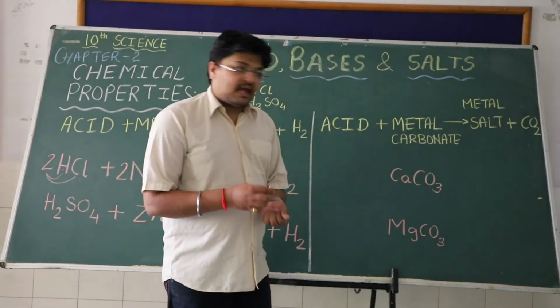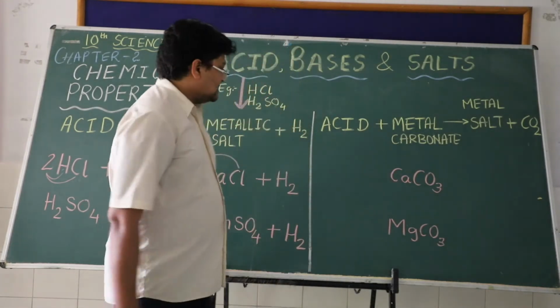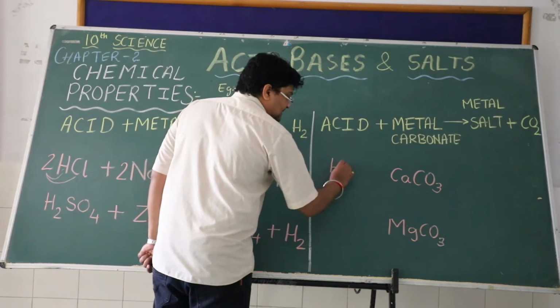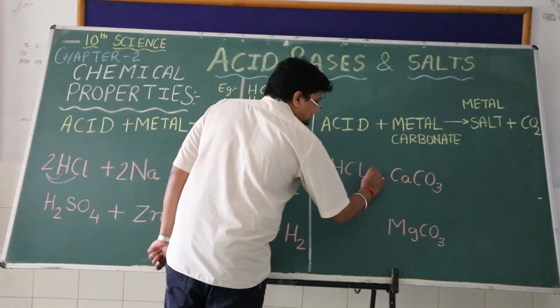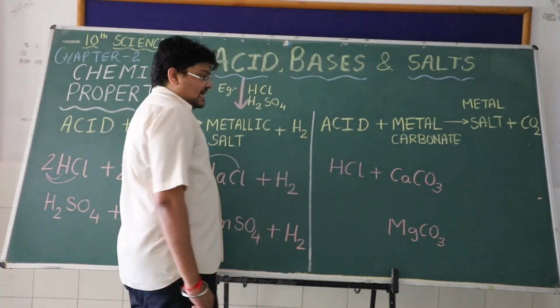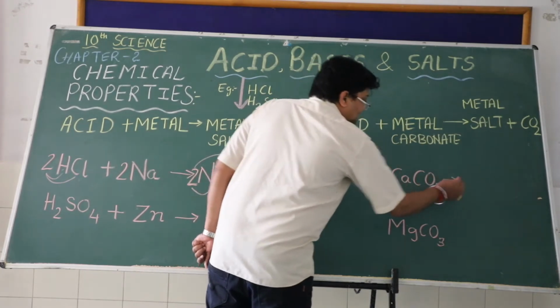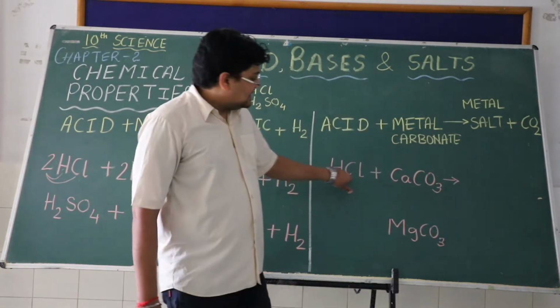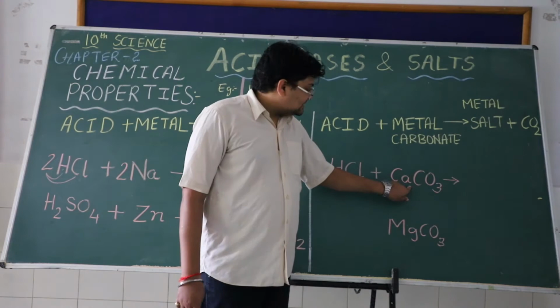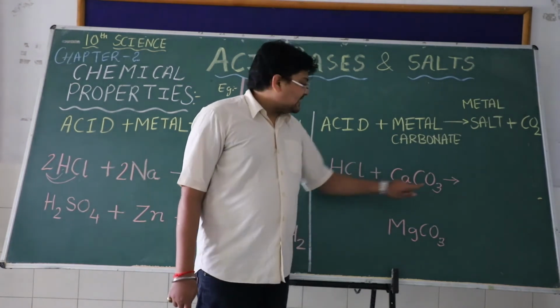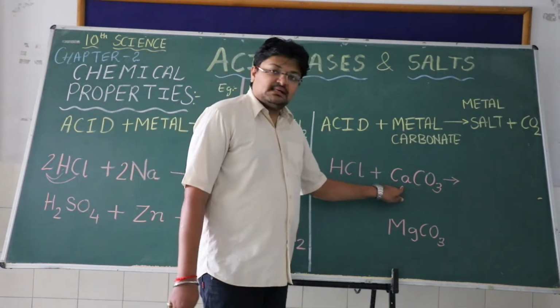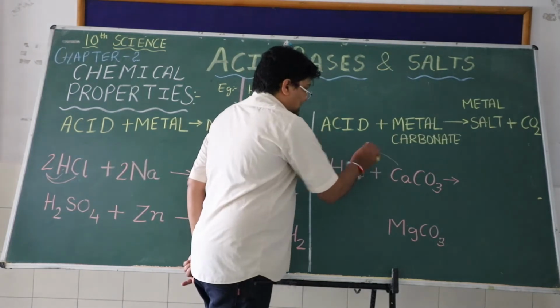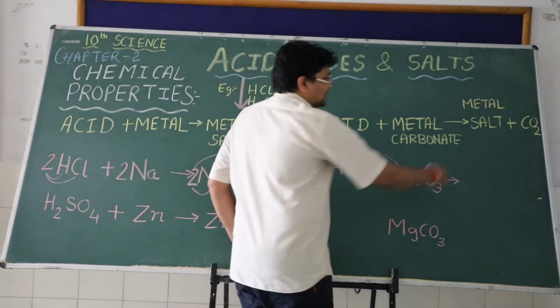Now let us react acid with this. So I am taking right now over here HCl. When HCl, that is hydrochloric acid, reacts with metal carbonate, that is calcium carbonate, what happens? This calcium will react with Cl to form a salt, as you have written over here.